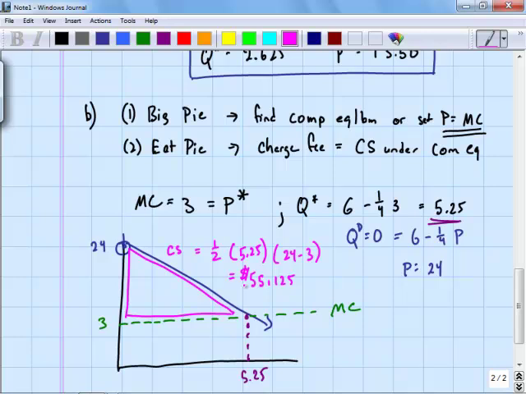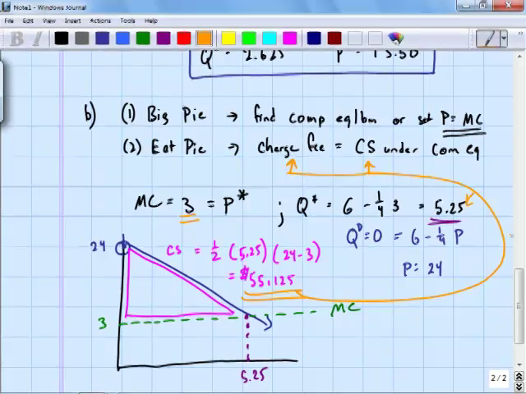And the reason I needed to figure out that consumer surplus is that's the upfront fee that will be charged. So in order to run this warehouse club two-part pricing dealie, they're going to charge a price per unit of 3. They're going to sell 5.25 units, and they will charge a fee of $55.125.